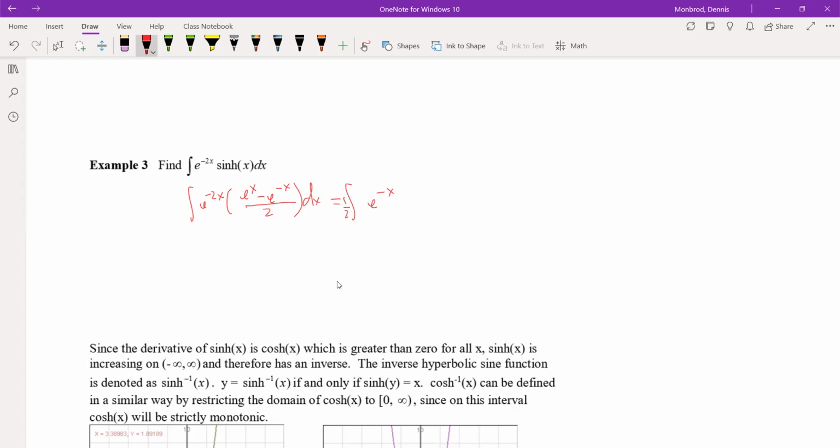Okay, so multiplying through, I get this. You can see each one of these is actually integrable in itself. It's just standard exponential functions. So this first one, I will need a negative for the antiderivative. And this next one over here, I have the negative, but I need a 3.